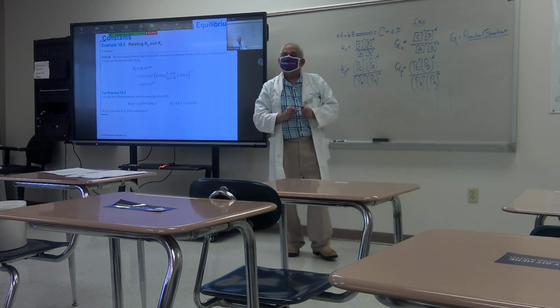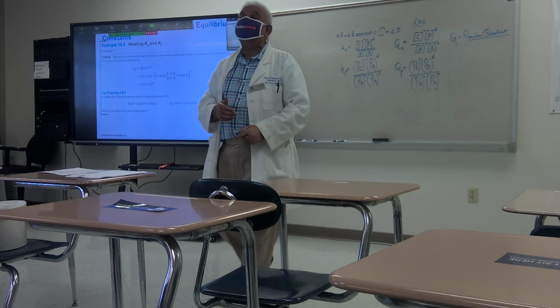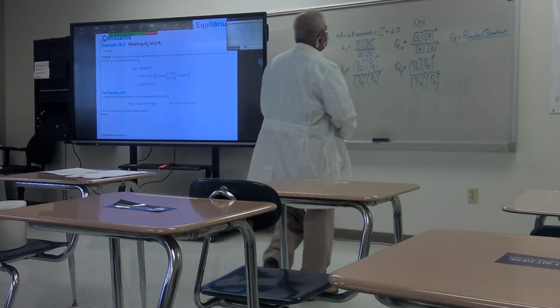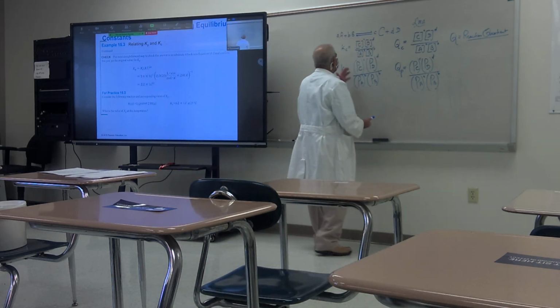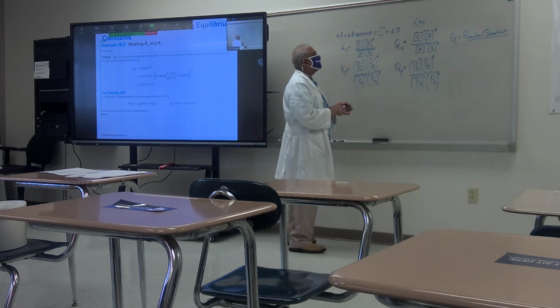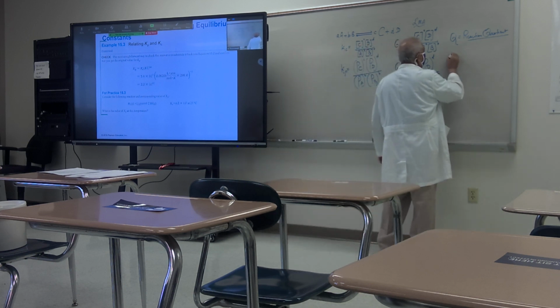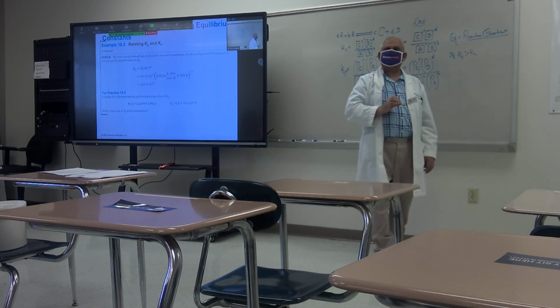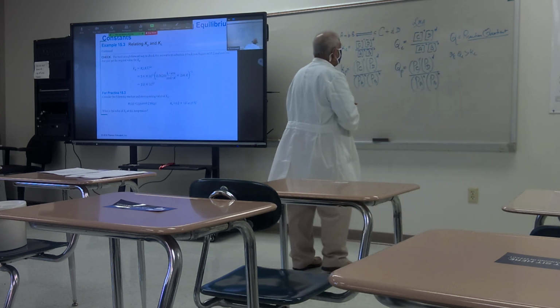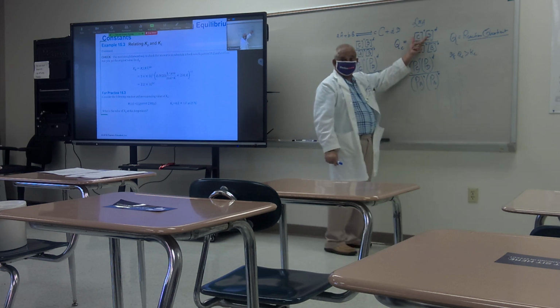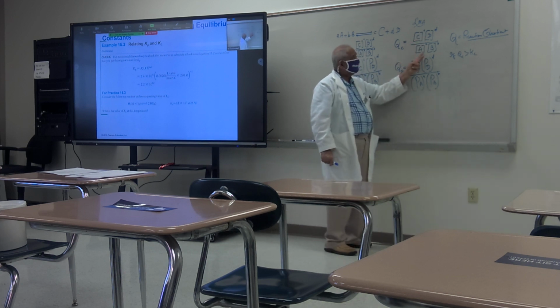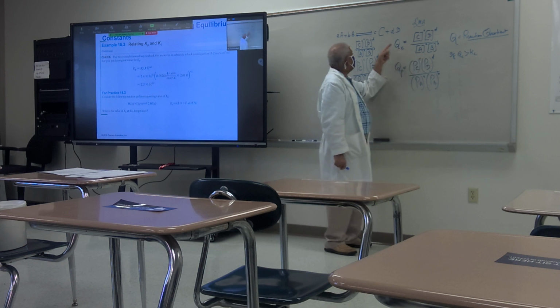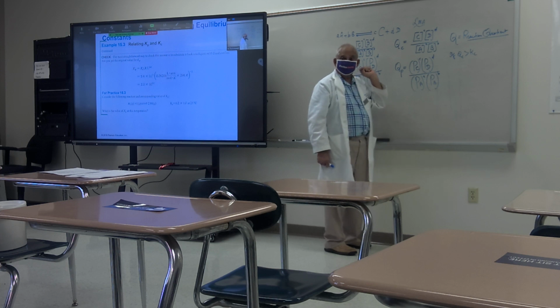So now, can you figure out, knowing the value of Kc, you have the reaction quotient Qc, Kp, Qp, Kc, Kp. What if Qc is greater than Kc? What is your explanation? Remember, Qc is what? The products over the reactants, correct? Right? If Qc is less than Kc means what?